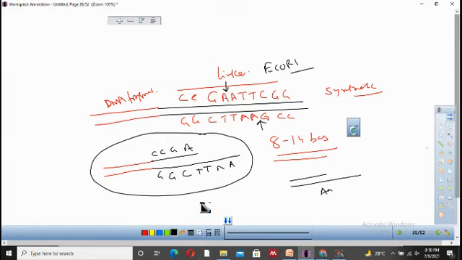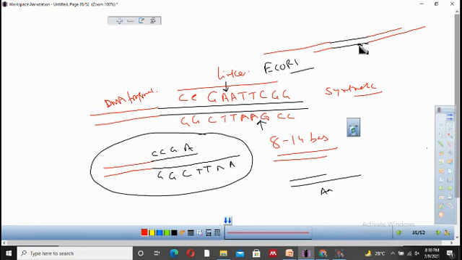When the blunt end DNA is there, then this adapter can be added. So now this becomes sticky. So the adapter has a cohesive end, while the linker has a blunt end and possesses the restriction enzyme site.